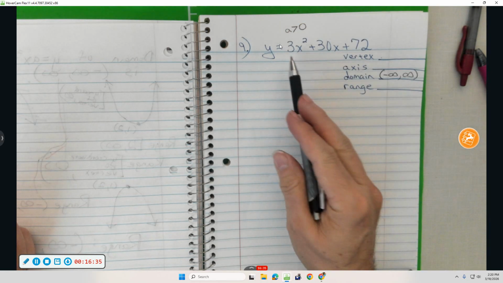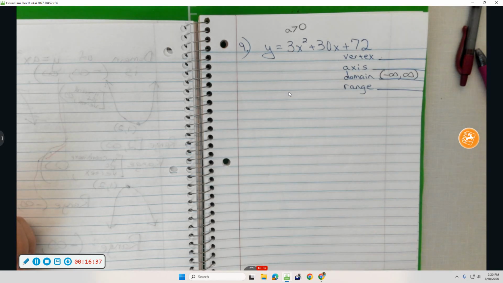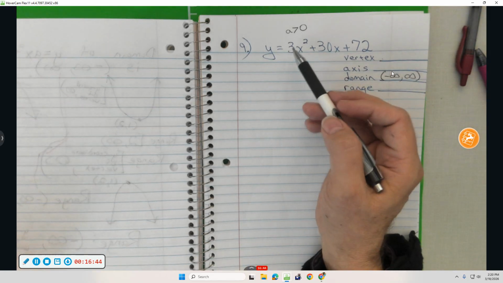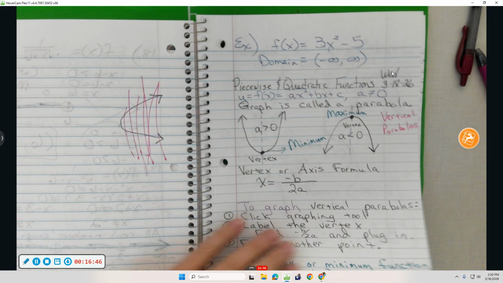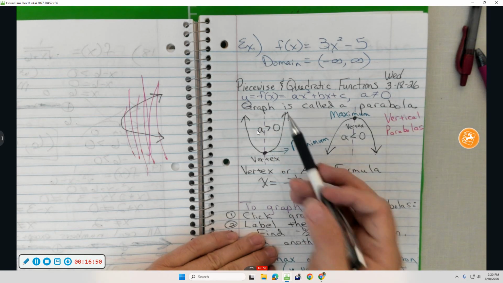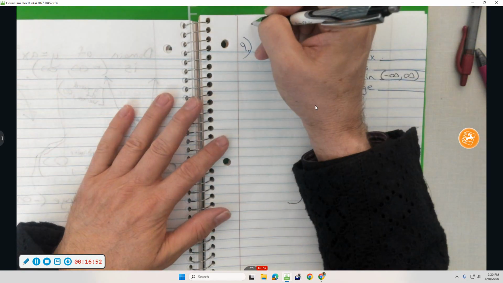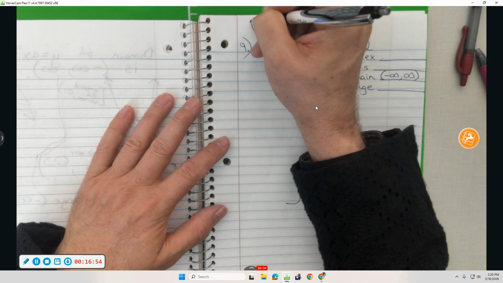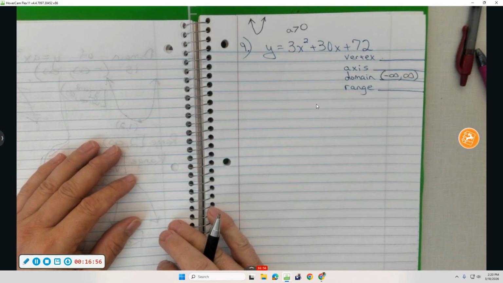When I draw this graph, do I expect the parabola to open up or down? It's going to open upward. Remember, two pages back I said, if the leading coefficient is positive, you expect your graph to open up. So I'm going to make a little note. When I draw this, I expect it to look like that.